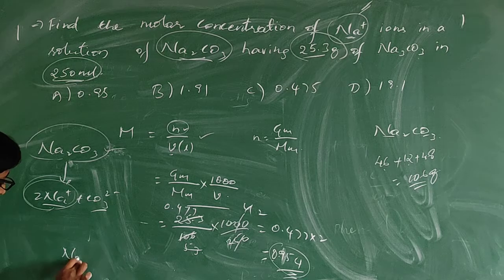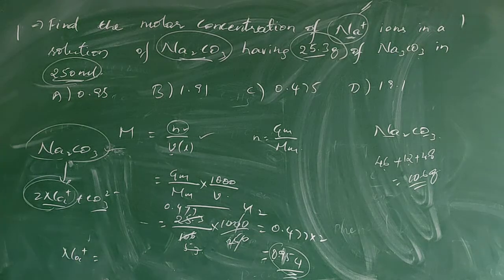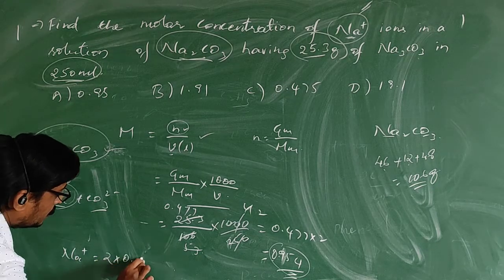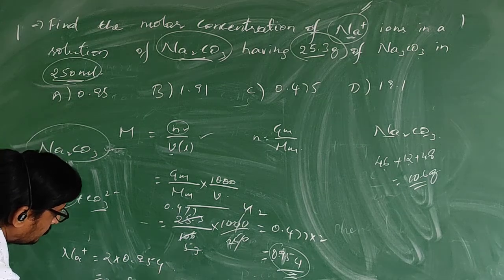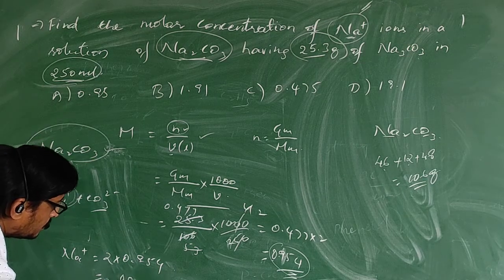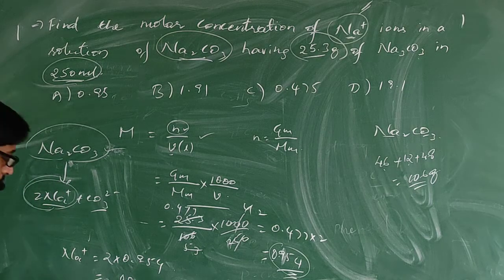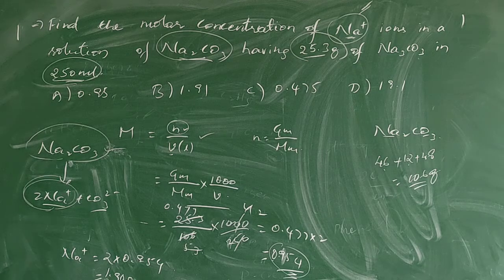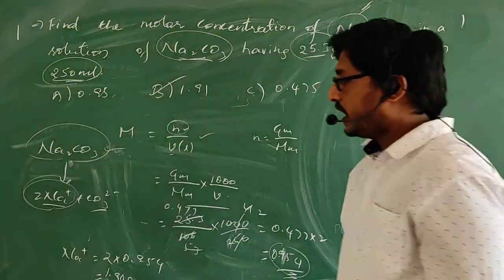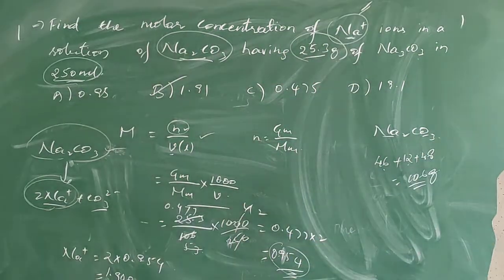So concentration of Na plus is equal to 2 into 0.954, which will be almost 1.908. Nothing but this will be the answer. Approximately it will be around 1.908.